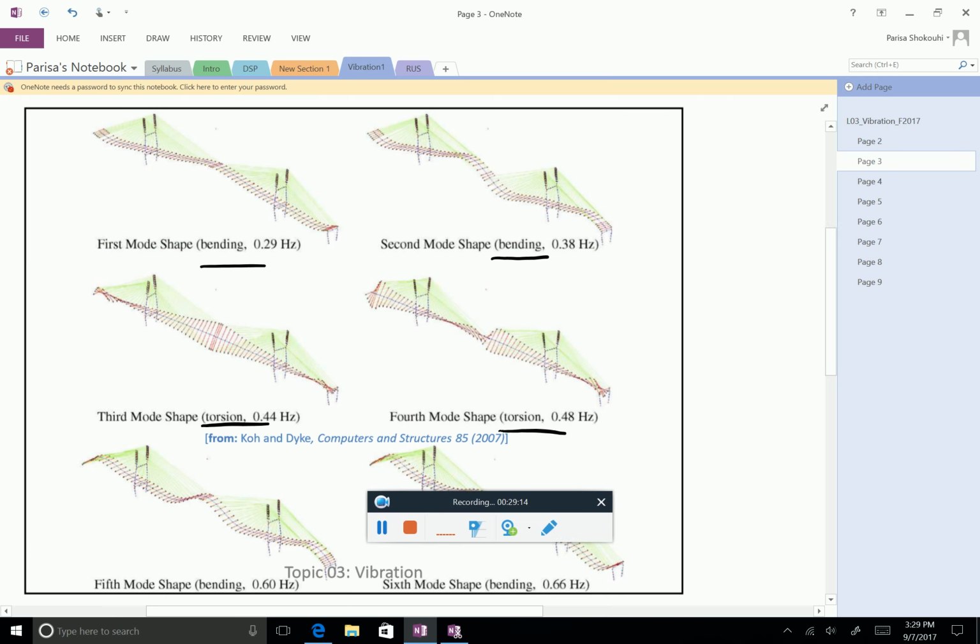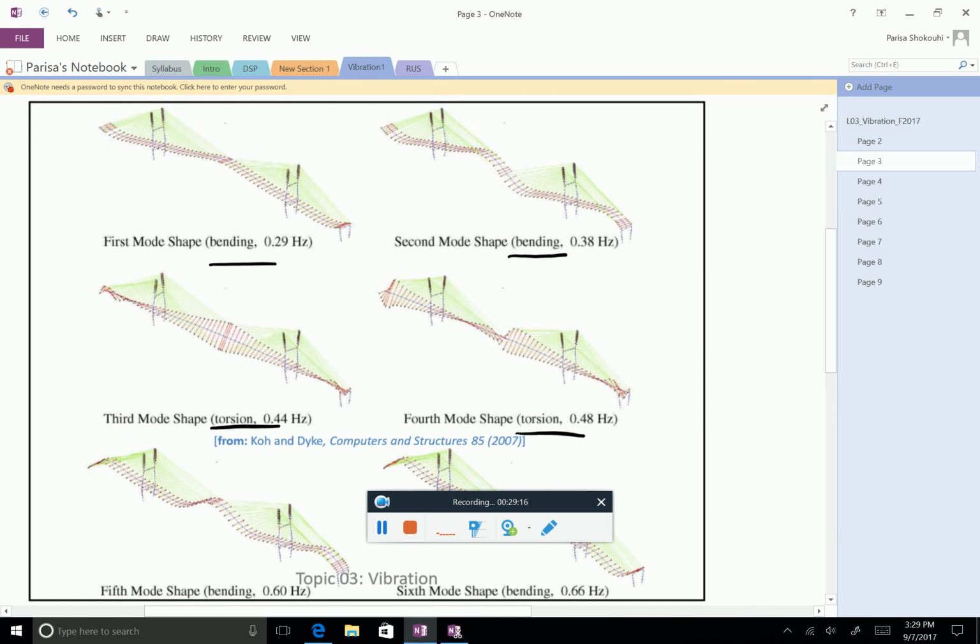One thing I want you to think about with mode shapes is to think about them as some sort of waves with wavelengths very close to the length scale of the object, in this case the bridge.